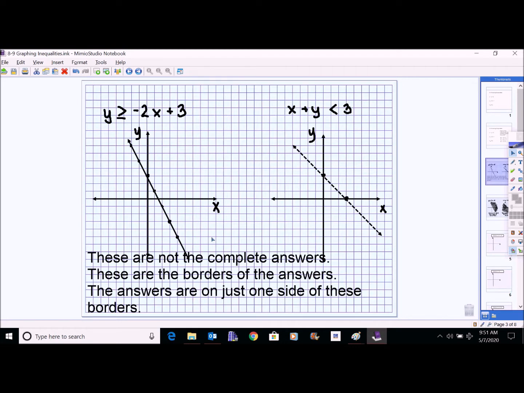So we've got our dividing line here. What we need to do then is figure out where the other solutions are. The solutions will either be on this side of the dividing line or this side of the dividing line. All of those right answers, all those infinite number of answers. Just in case you missed it, there are an infinite number of solutions to this, and an infinite number of solutions to this.